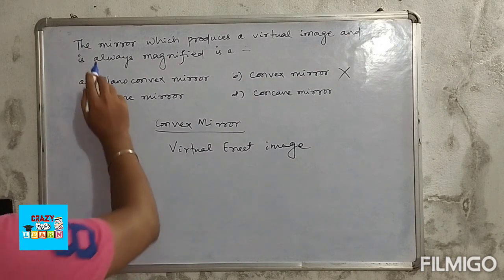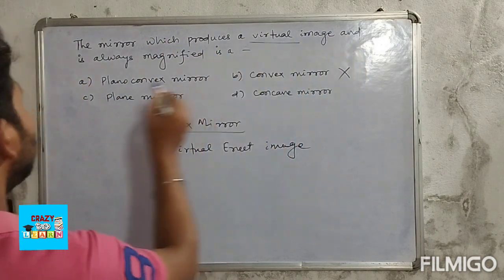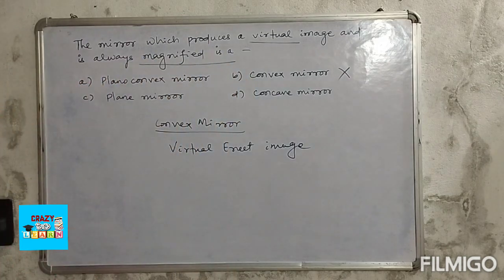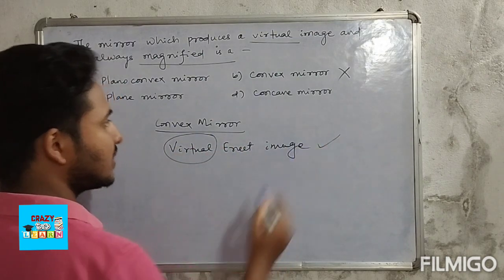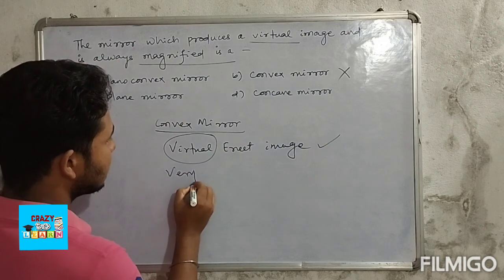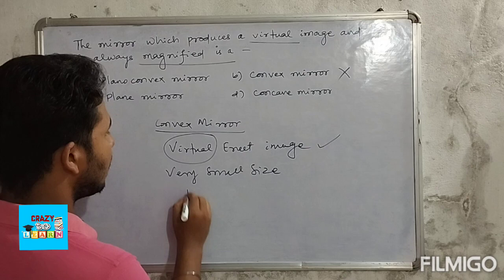because first it is mentioned the mirror which produces a virtual image, but at the next point it is written as always magnified. Convex mirror always produces a virtual erect image, correct, but it is always a very small size, or diminished one.